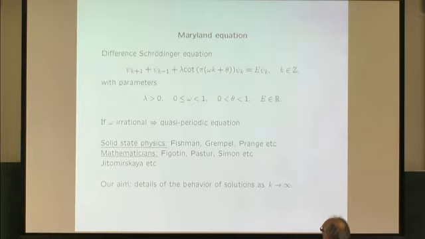It was studied by many mathematicians, for example Figotin, Pastur, Simon, and many others, and Zhitomirskaya, who gave a talk a few days ago on this subject. Zhitomirskaya has described in detail all the spectral properties of this equation, I mean all the properties of the spectrum: when the spectrum is singular continuous, when the spectrum is pure point, and so on.